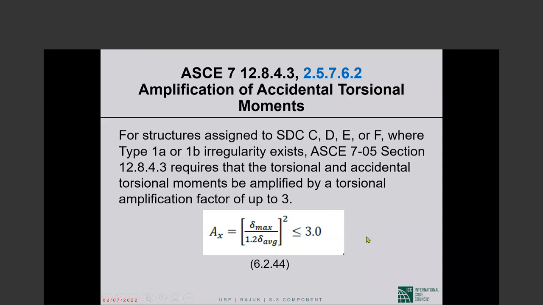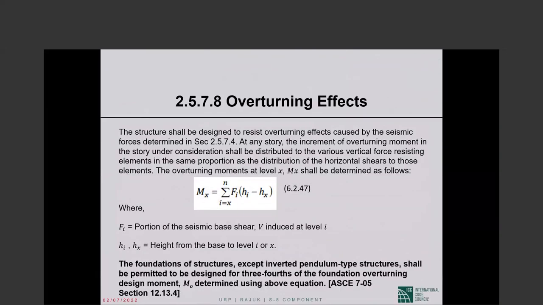Delta maximum is the maximum lateral deflection of the lateral force resisting system. Delta average is the average lateral displacement. Anyway, this expression is pretty simple, and you will see a lot of delta maximum and delta average in the next segment on irregular structures. So it will be very clear what A sub x is. It can be up to 3.